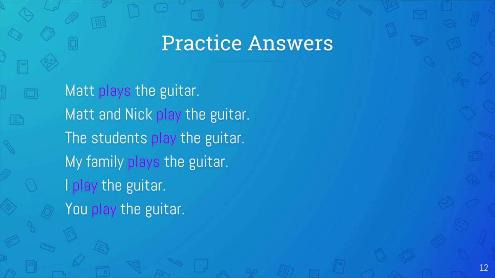My family, and like I said, family is a collective noun, so we treat that as one thing, even though there is more than one person in a family. Next, I play the guitar and you play the guitar. Hopefully that makes sense.